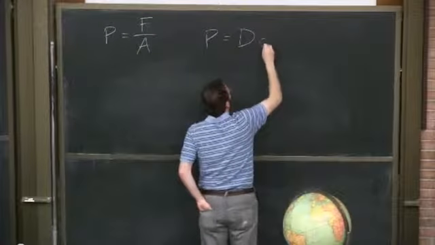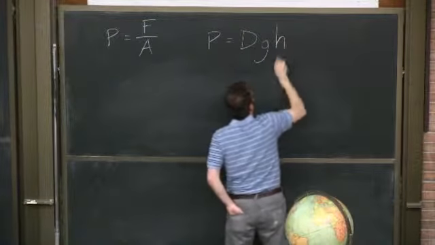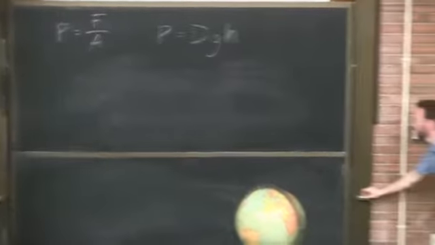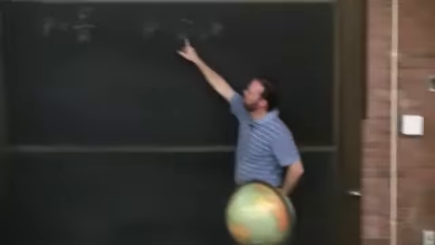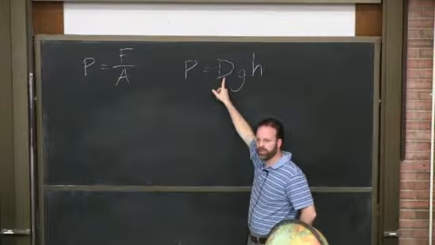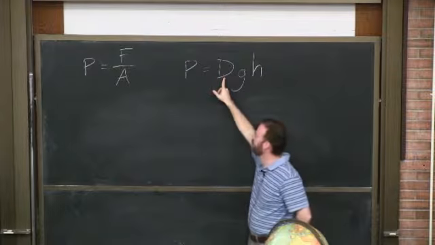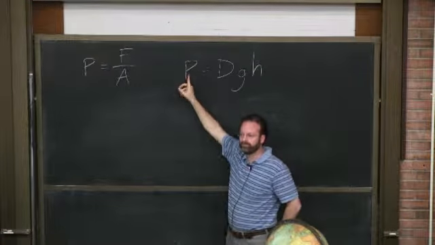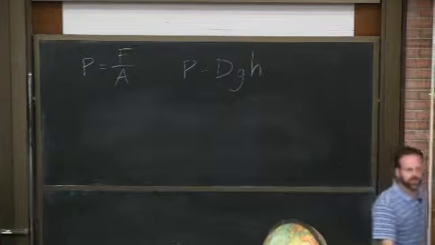Density, gravity, and how much fluid's above you or how deep you are in it. So the density of salt water is more. You added salt to the water, so it has more mass for the same volume. So that will create more pressure down at the bottom. Any questions?